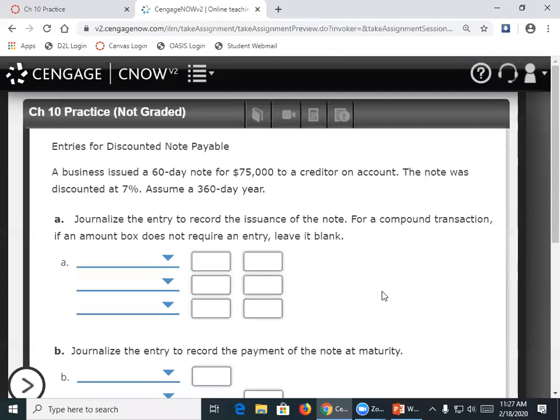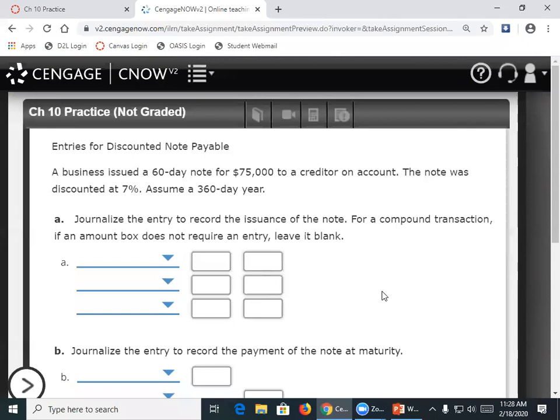So in this case, how much cash did we actually receive? Was cash, wasn't it? Or I'm sorry, not cash, but how much on our accounts payable is being issued? What's the proceeds? 75,000 minus that. Yeah, very good. To calculate the proceeds of the note, we take the 75,000 minus the 875 discount.